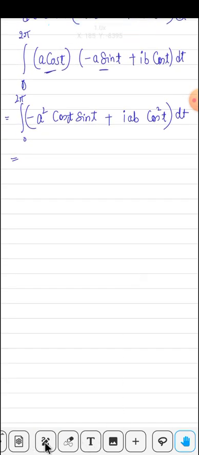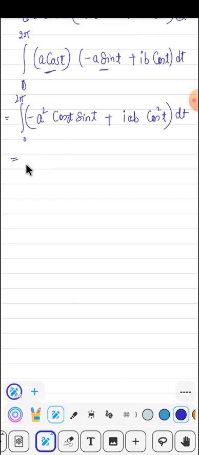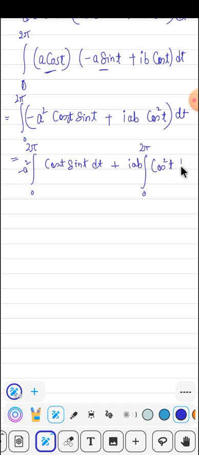Now let's solve it differently. This is minus a square cos t multiplied by sin t dt plus i a b, these are constants, so we take them out and I am left with cos square t dt. Now I know this can become the formula of sin 2t. How?